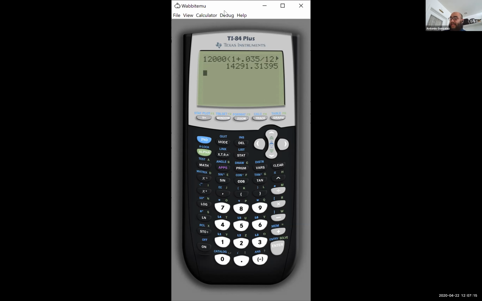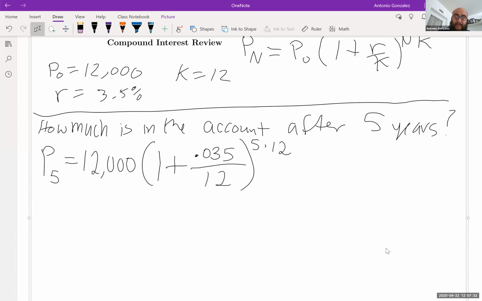So it looks like at the end of 5 years I have $14,291. Let me go back to my problem. We had $14,291 with 31 cents.